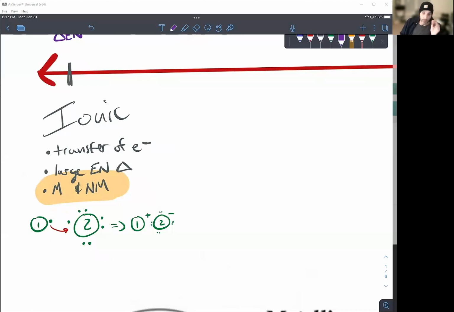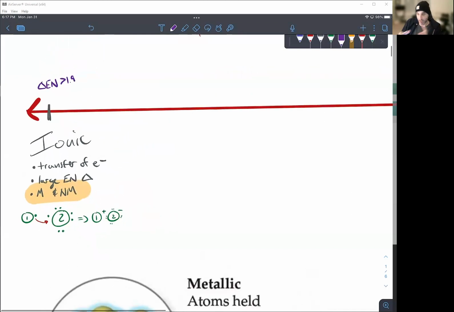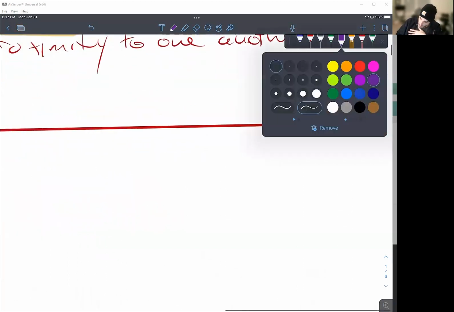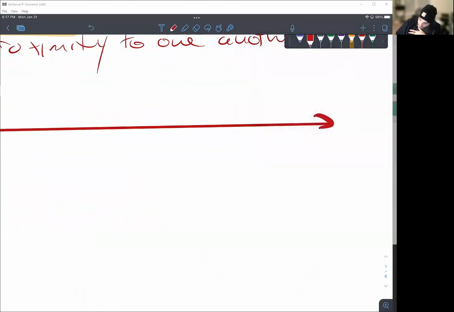Okay, good. Okay, so if on one side we have a complete transfer of an electron, we have to look on the other where we have a covalent bond. A covalent bond is going to be an even sharing of electrons.